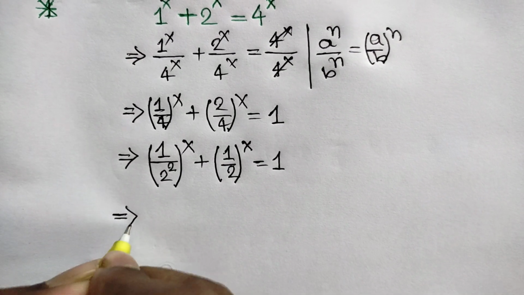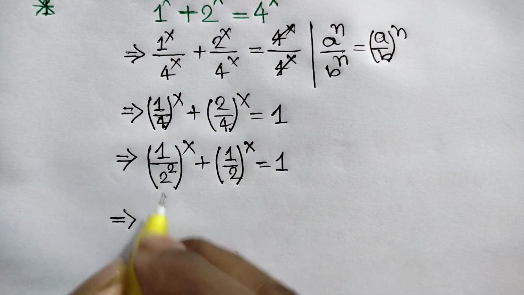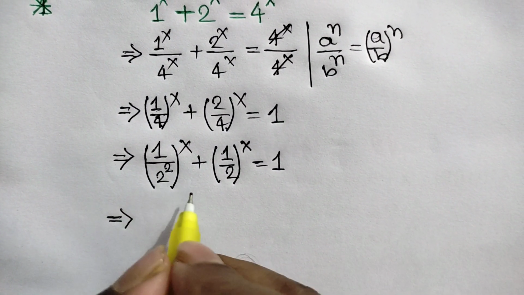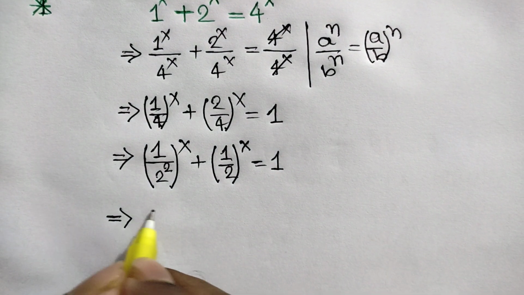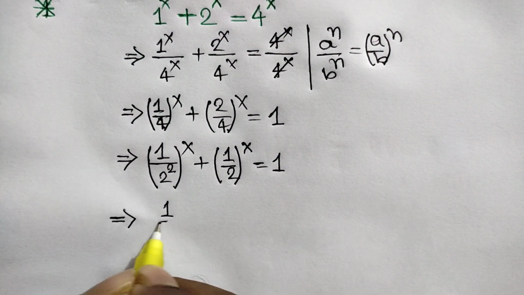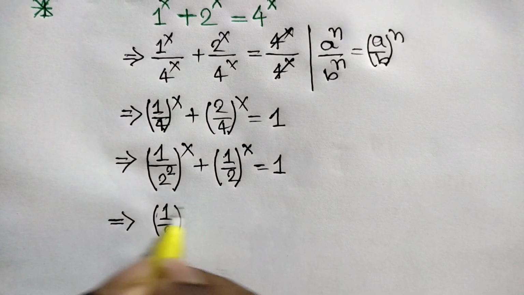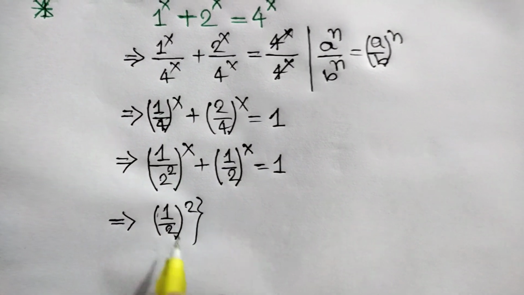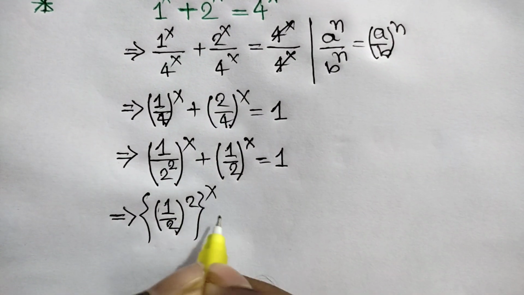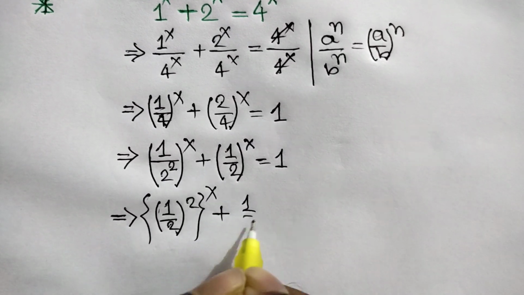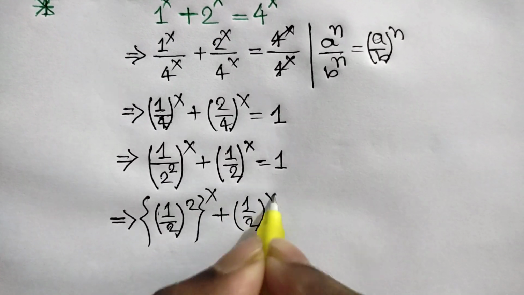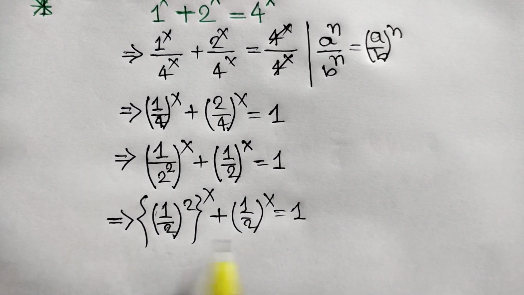Here we can write 1 over 2 power 2 whole power x plus 1 over 2 whole power x is equal to 1.